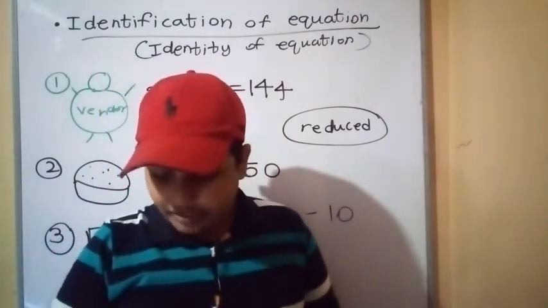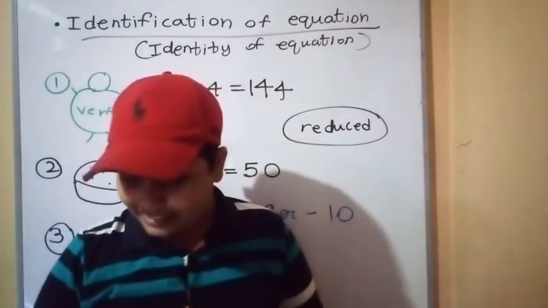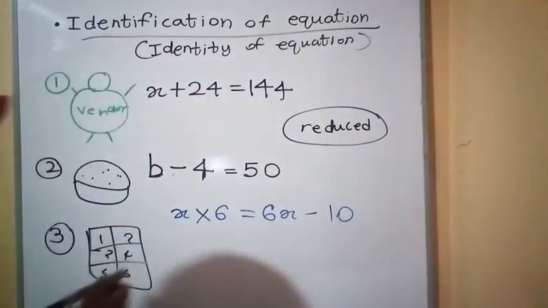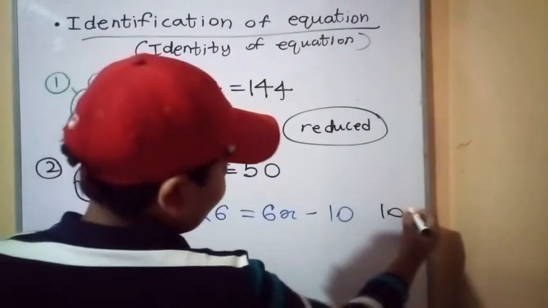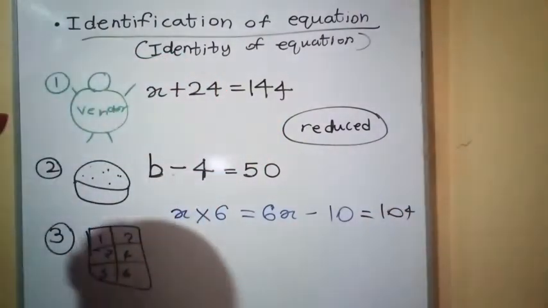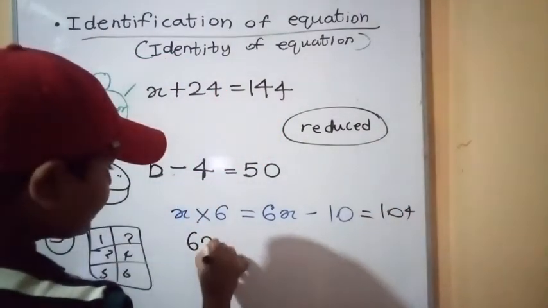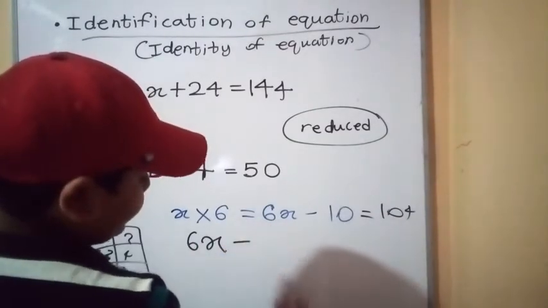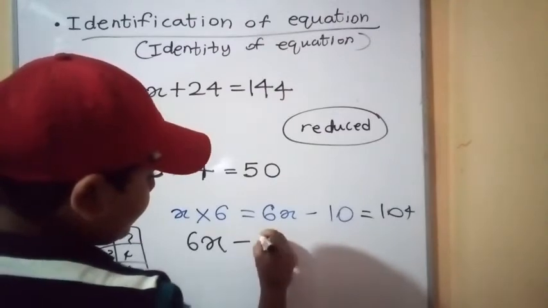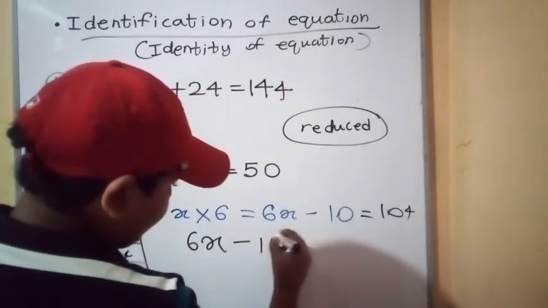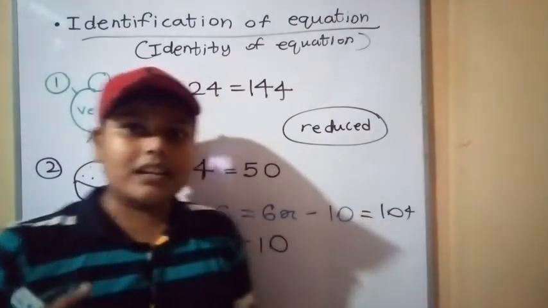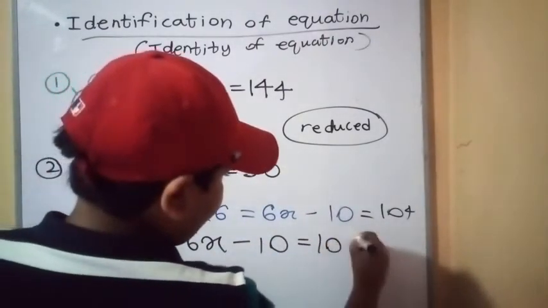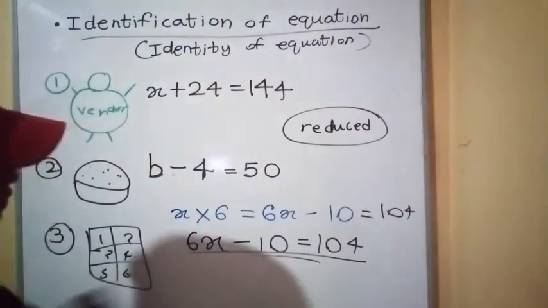After this, the books remaining in the bookcase are 104. Now this is the equation: 6x minus 10 equals 104.